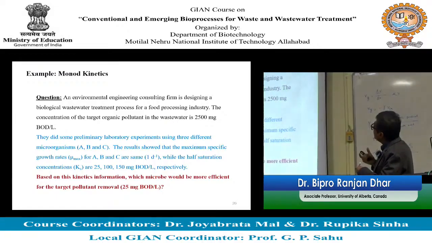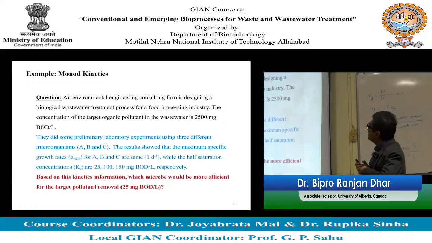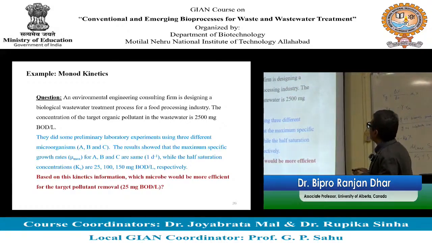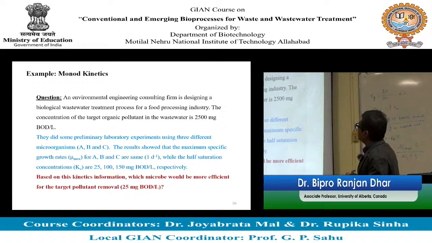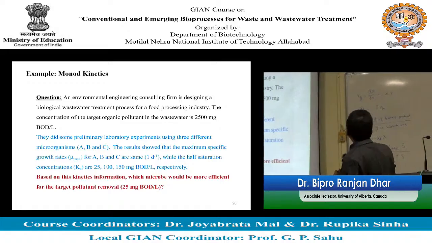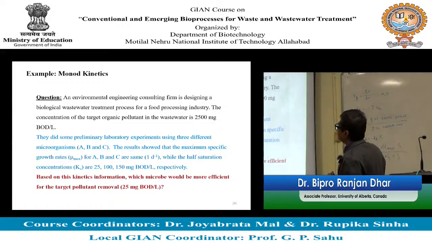An environmental engineering consulting firm is designing a biological treatment process for a food processing industry. The concentration of the target organic pollutant in wastewater is 2500 milligram per liter BOD, and the company did some preliminary lab experiments with 3 different types of microorganisms. So now instead of A and B, we have A, B and C, and they have different Ks values.